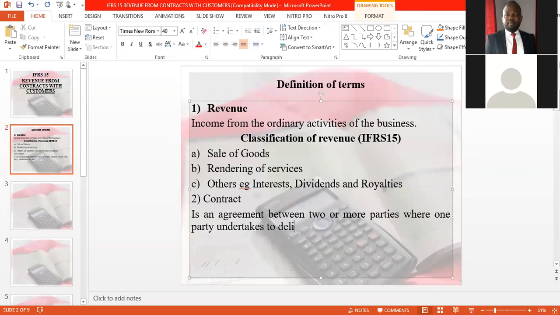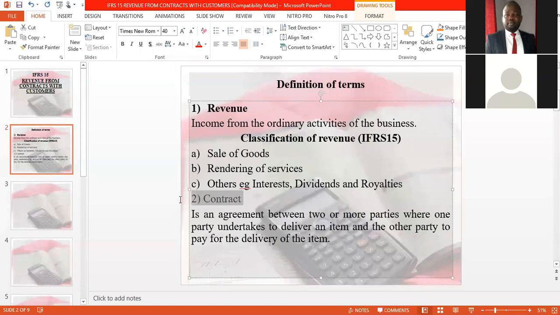Where one party undertakes to deliver an item, and the other party to pay for the delivery of the item.